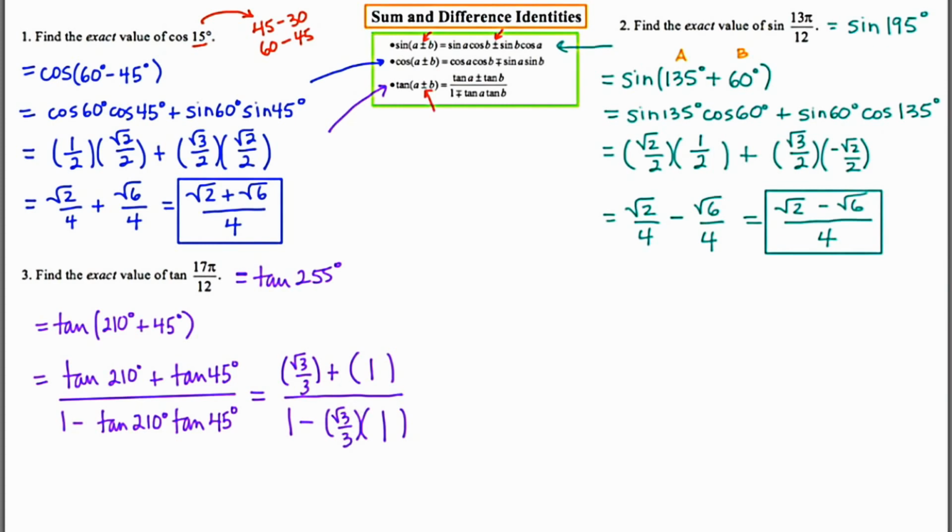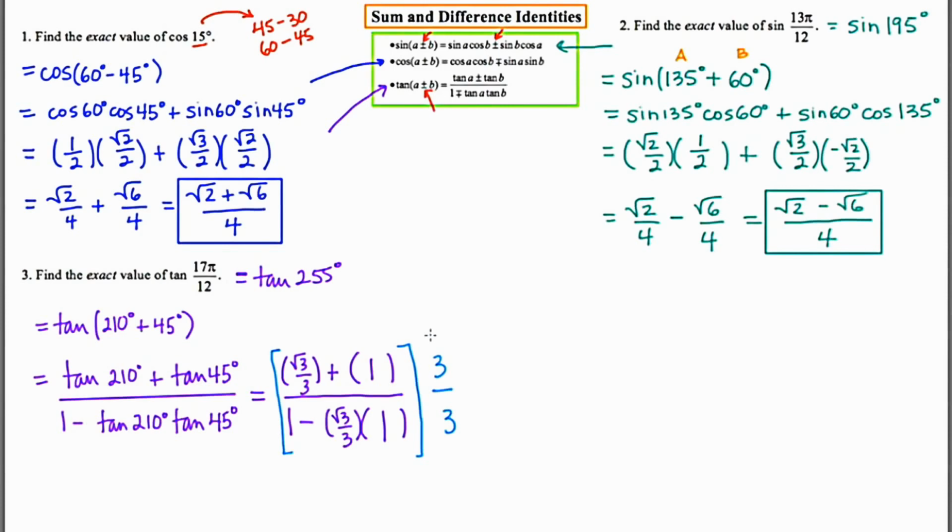Now, as I'm sure you've probably noticed, we've created a complex fraction here, which is not the easiest to work with, but if I multiply through by a useful form of 1, I could very easily make this not complex. So what I'm going to do is group the whole thing and then multiply by a useful form of 1, which in this case will be 3 over 3.